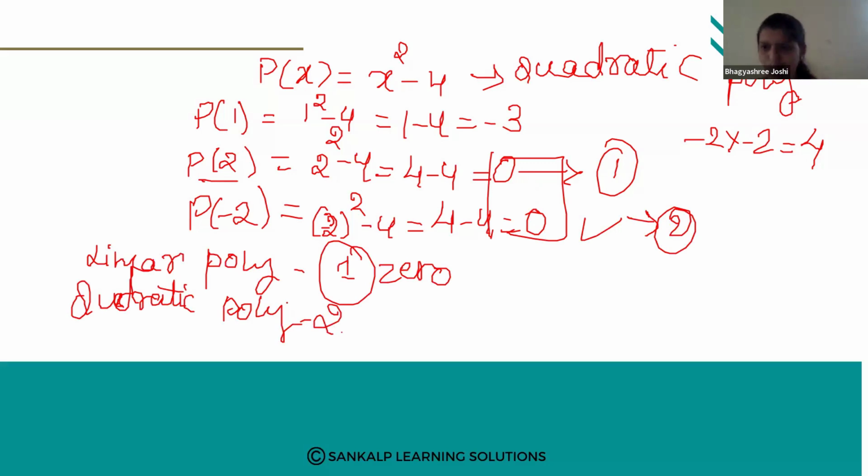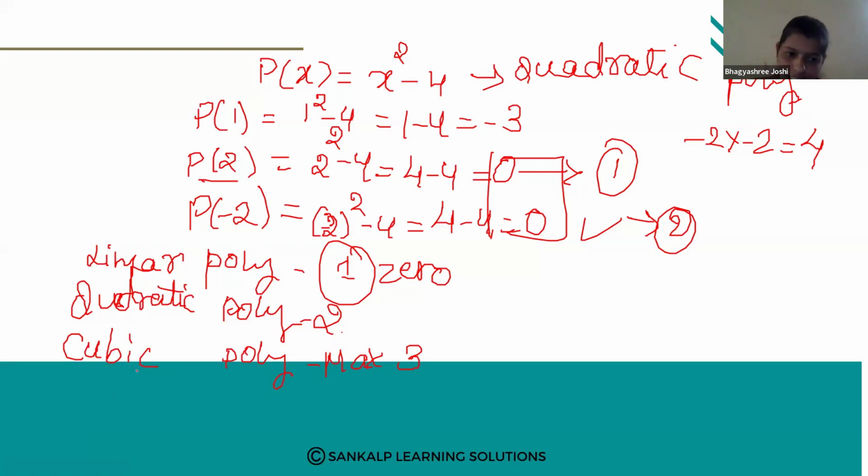We say maximum 2, or at most 2. Cubic polynomial: like this only, a cubic polynomial has maximum 3. So observe carefully, maximum 3 or at most 3. Less than 3 is also possible, but more than 3 is not possible. We say maximum 3.